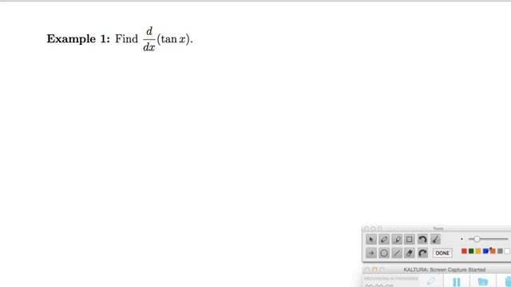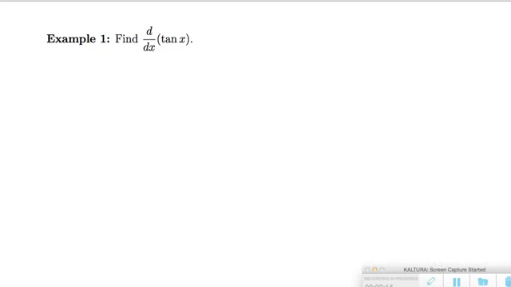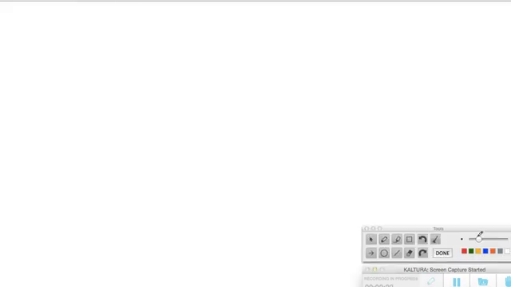Well, remember that tangent of x is sine over cosine. So, we will need the quotient rule for that. So, let's review the quotient and product rules very quickly.